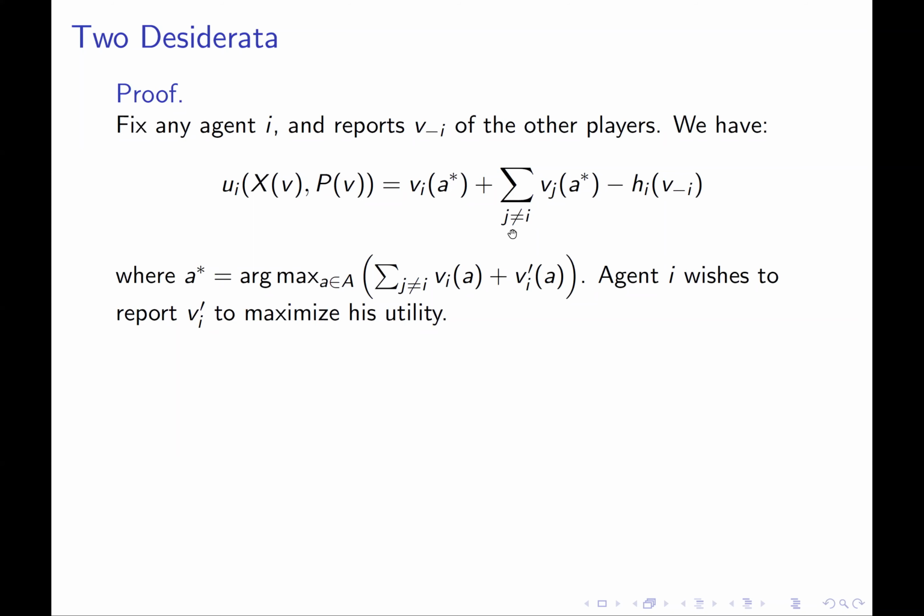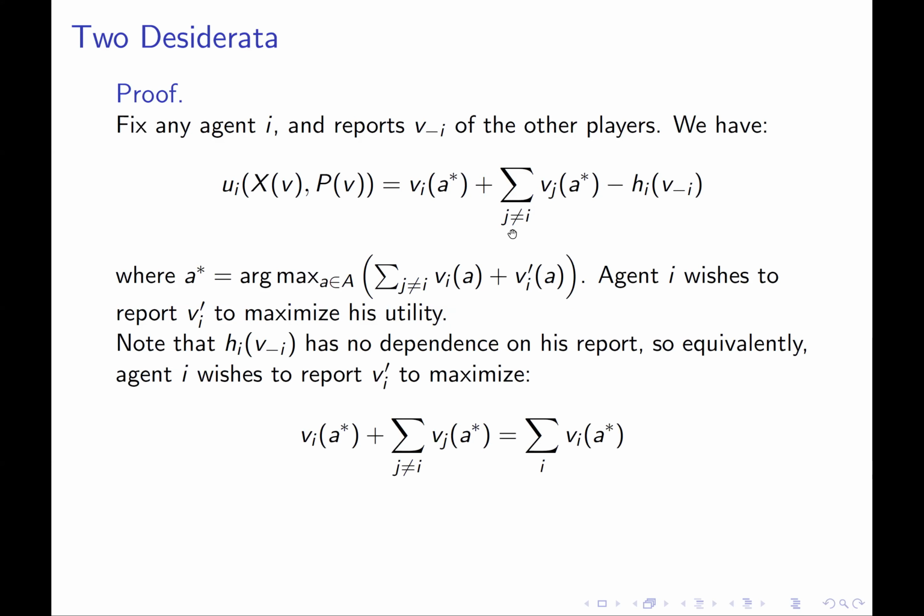And so the alternative that the mechanism is going to choose is the one that maximizes social welfare given the report. So this is how agent i can potentially affect things. By changing her report, she can change which alternative the mechanism chooses. So the problem that agent i is facing is to decide what valuation function v_i prime she should report so as to maximize this function.